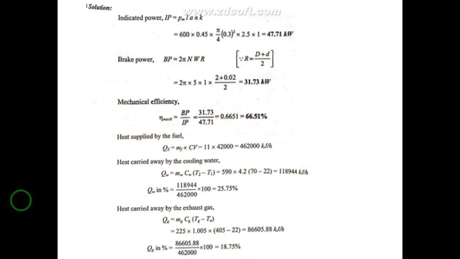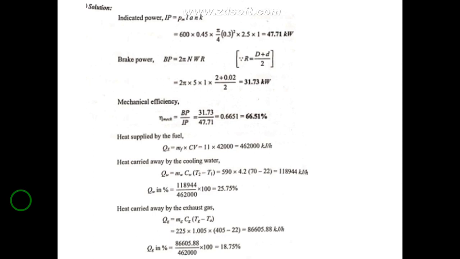Next one, mechanical efficiency. The mechanical efficiency formula is brake power divided by indicated power. So for our engine, the efficiency is 66.51%. The remaining heat will be liberated in the cooling medium, exhaust gases or unaccounted losses.